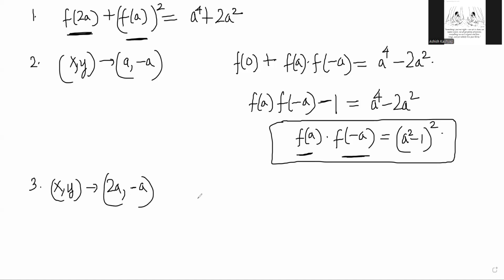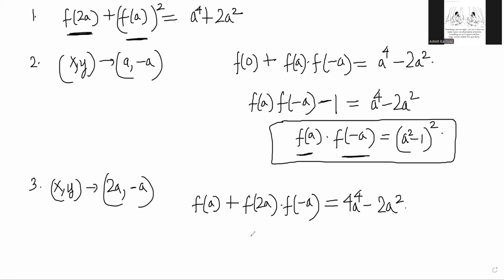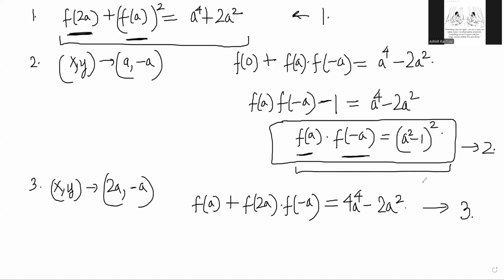And in that case, the thing becomes f(a) + f(2a)f(-a) = -2a⁴ - 2a². So now this becomes my third equation. This is my second equation, and this was my first equation, right? So with these three equations, you have a simple situation now where this is an algebraic problem with three unknowns. You can call f(2a), f(a), and f(-a) as x, y, z and solve for f(a), right?